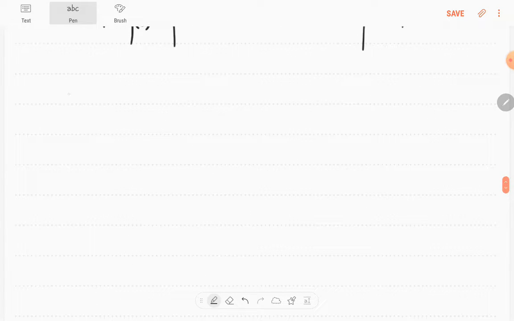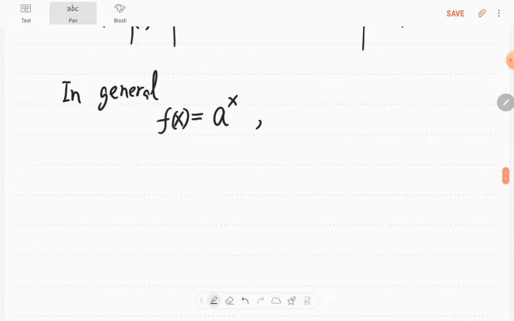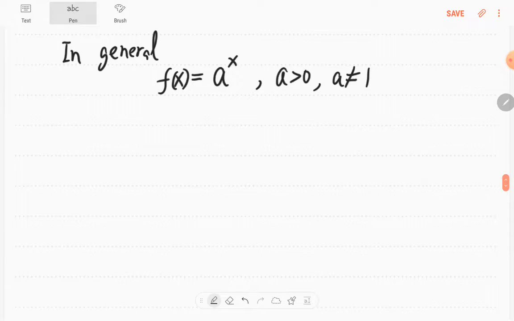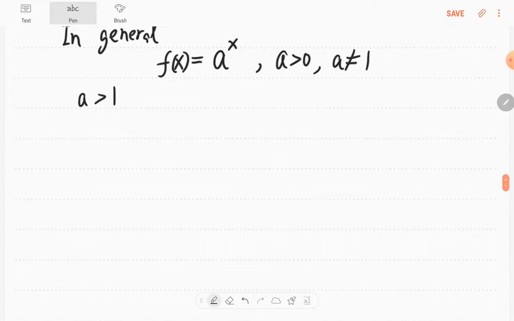In general, f of x equals a to the x, where a is greater than 0 and a is not equal to 1. We have two cases: the first where a is greater than 1, and another where a is greater than 0 and less than 1.